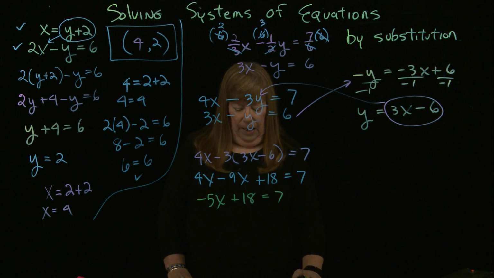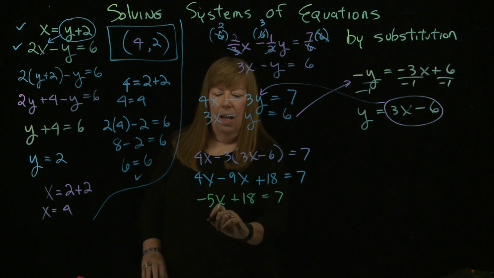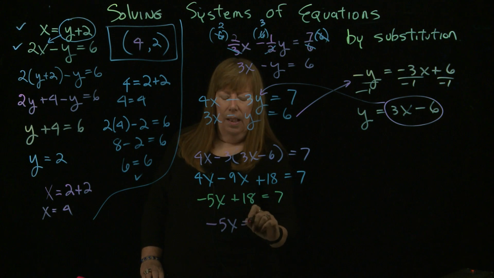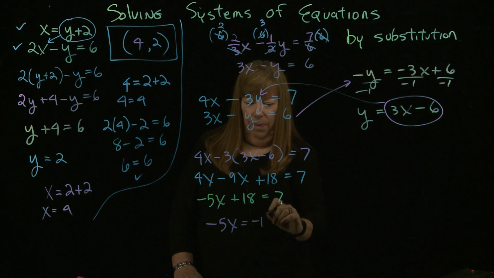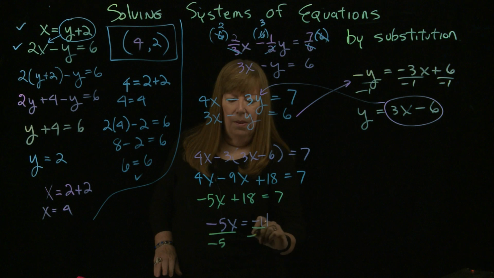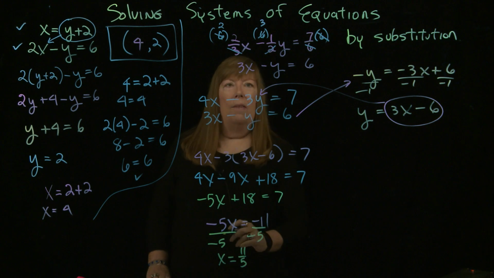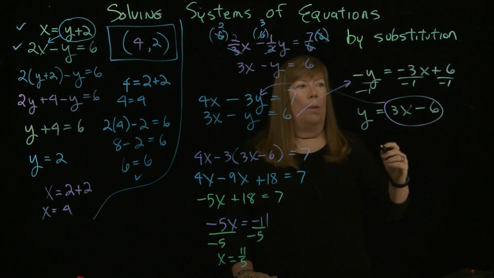What do you say we move the 18 over? We'll subtract 18 from both sides, and we'll have negative 5x equals negative 11. Then just divide both sides by negative 5, and we'll have x is positive 11/5. So, are we done?